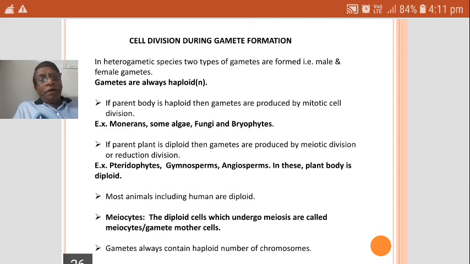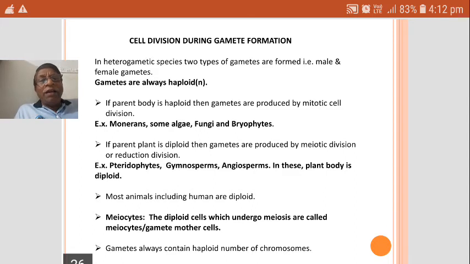Okay. Then a very important term is there. Meiocyte. Define meiocyte, or what are meiocytes? The diploid cells which undergo meiosis are called meiocytes. We also call gamete mother cell. What is gamete mother cell?